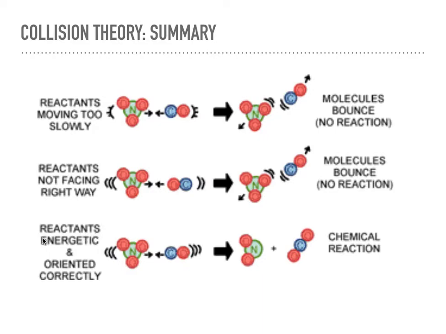The reactants have to be energetic and they have to be correctly oriented. Only when these two things are achieved are we going to have the chemical reaction happening and have products. Otherwise, we have the same reactants that we had before, only moving in a different direction.